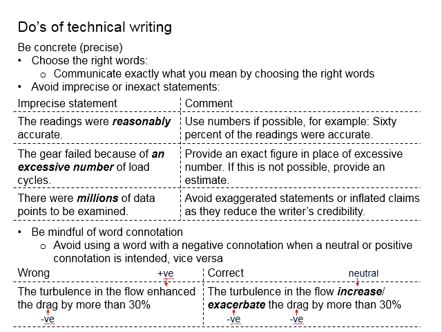Therefore, in order to correct that, you may use: the turbulence in the flow increased the drag by more than 30%. The word "increase" here is neutral and the drag is negative. Then you know that the drag is actually increased by 30%. Or you can use another word with negative connotations, such as "exacerbate".